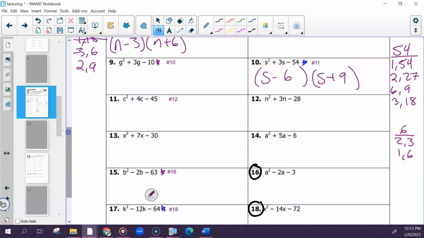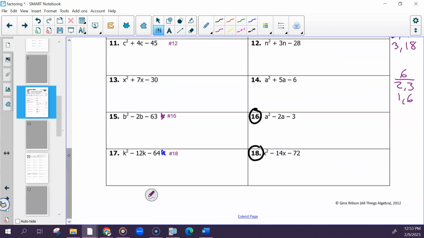Now this is a type of problem that may get mistaken, because 2 and 3, if you added them together, would give you 5. But one of them has to be negative, and if you don't make them negative, it won't work for the problem. So be careful with problems like this. So a minus 1 and a plus 6.